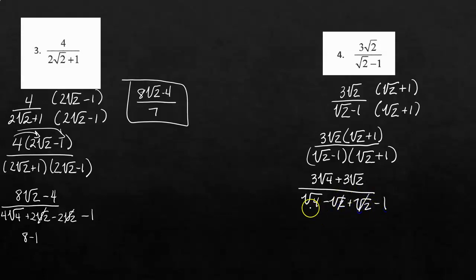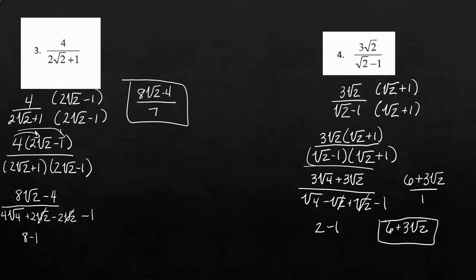Cancel those out. The square root of 4 is 2. So now let's simplify a little further. 3 times the square root of 4 is really 6 because the square root of 4 is 2. Bring it out. So 6 plus 3 root 2 over 1 is 6 plus 3 root 2.